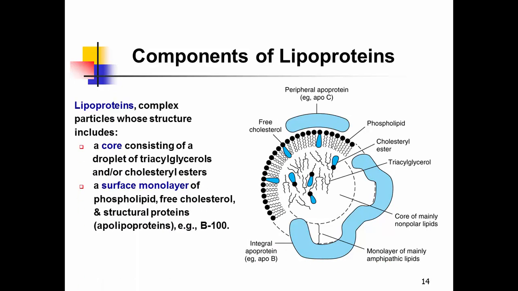Now the composition of lipoproteins. If we think about a lipoprotein, it looks like a ball, right? Inside, the core is lipids, and the lipoprotein has a surface that wraps the lipids inside of the ball.